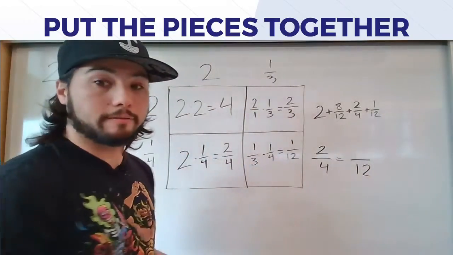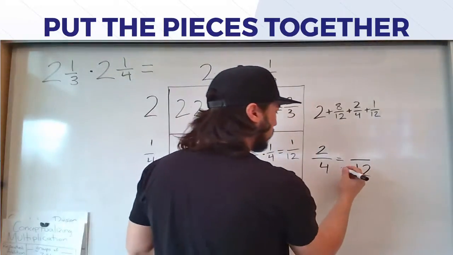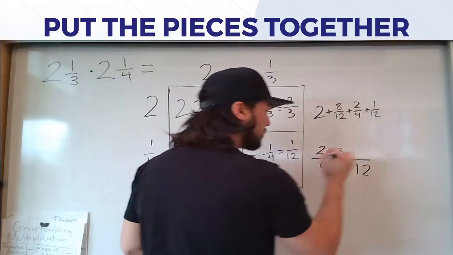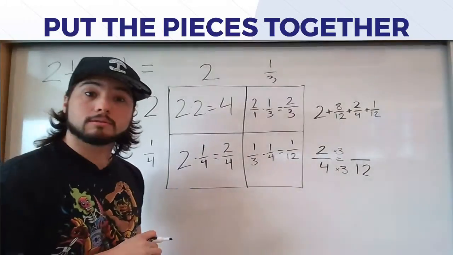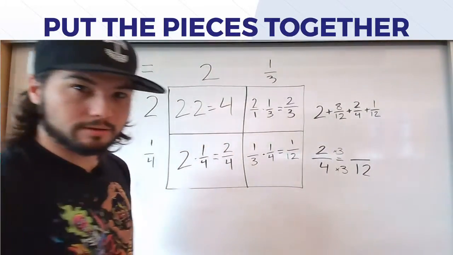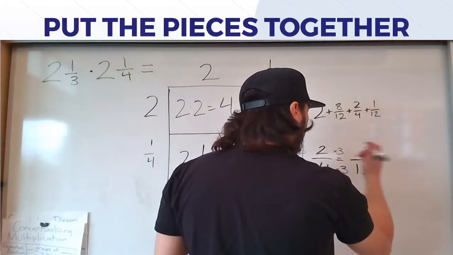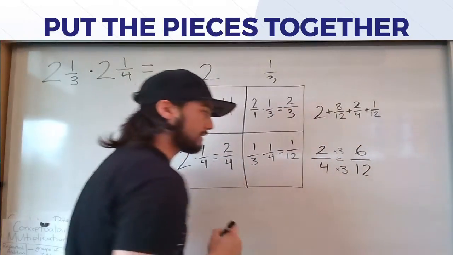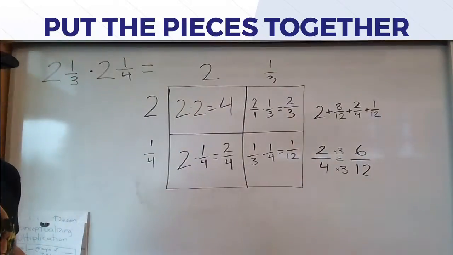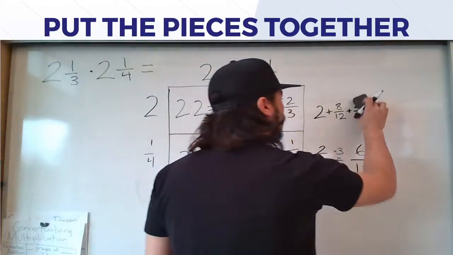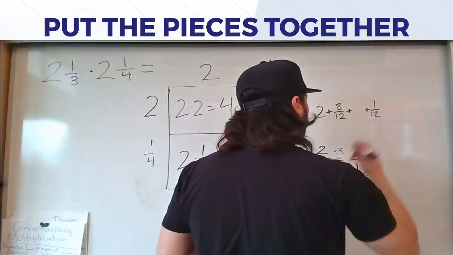How do I get from 4 to 12? 4 times what? 4 times 3. So essentially we're multiplying by 3/3, the equivalent of 1, which doesn't change the value, just changes the size of our piece. 4 times 3 is 12. 2 times 3 is 6. So we know 2/4, or 1/2 for you smart cookies, is equivalent to 6/12. So we can erase it and replace it.